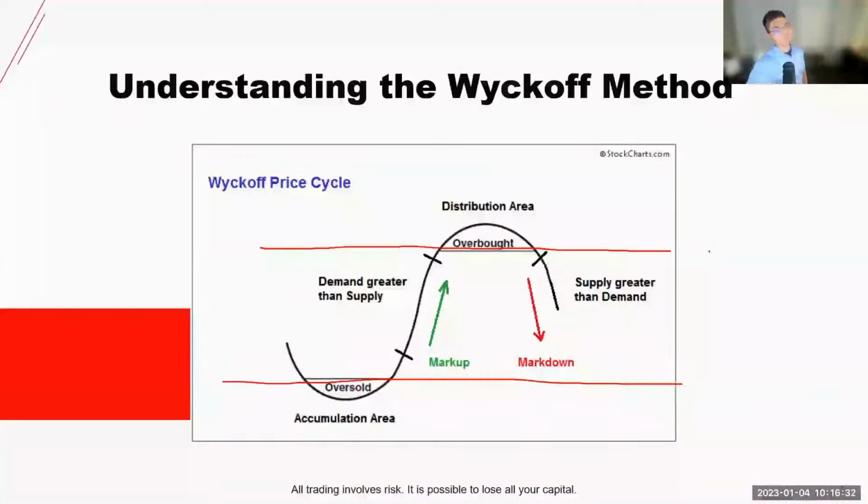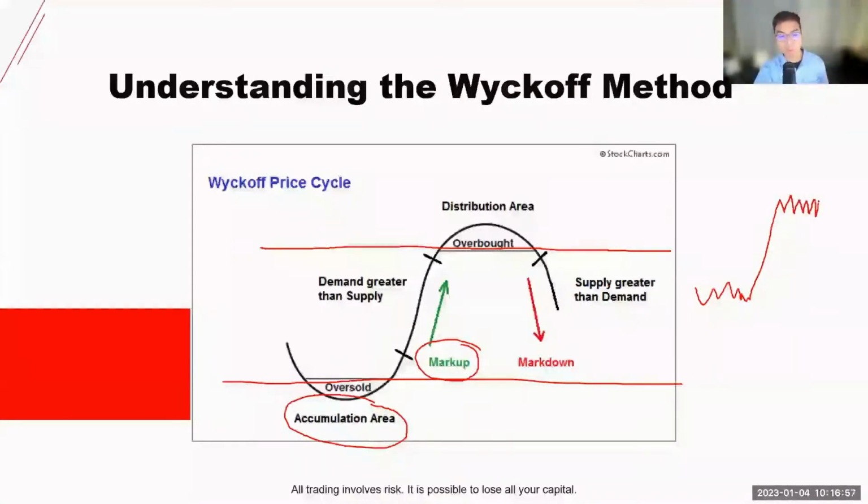So oversold is when traders are looking to buy, and overbought, we are looking to sell. So we have the accumulation area. Prices accumulate before it shoots up. This shooting up area is called the markup area. So it marks up until the overbought area, it starts to distribute. All of a sudden, it distributes and it continues all the way down. This process going down is called the markdown area.